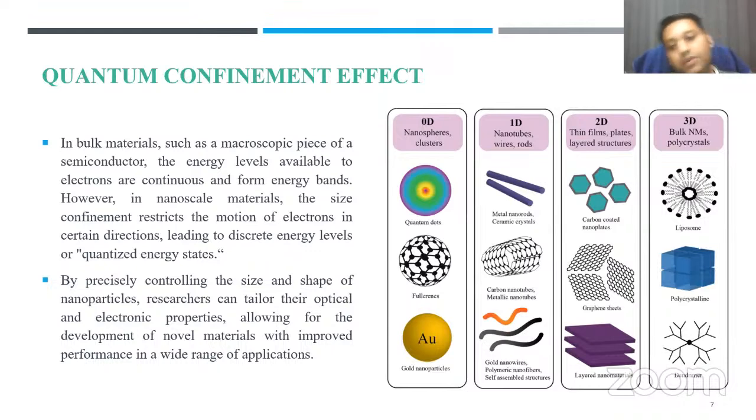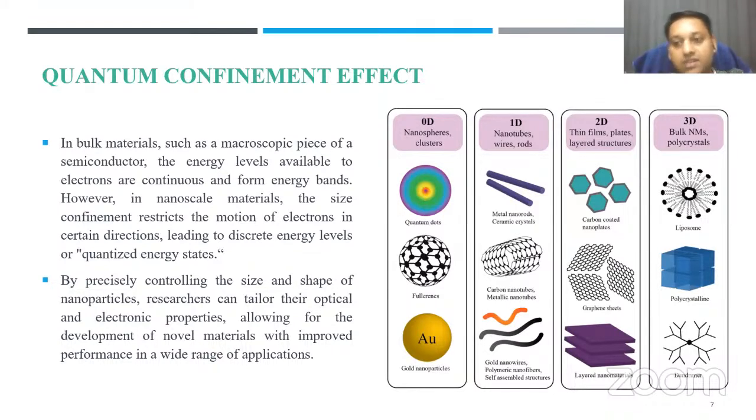If you have constrained movement of electrons, let's say in the case of zero dimension, the movement of the electron is constrained in all directions, then the energy levels are discretized. In fact, that is also true for one dimension and two dimensions.